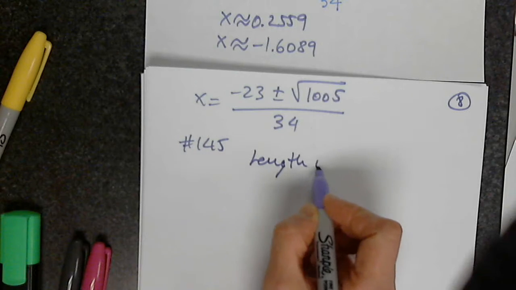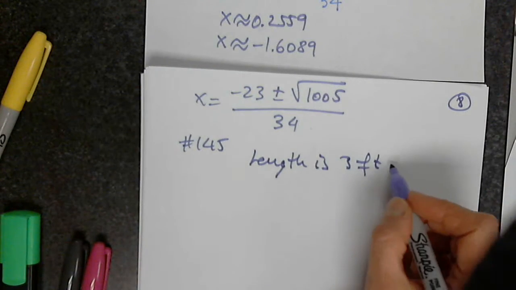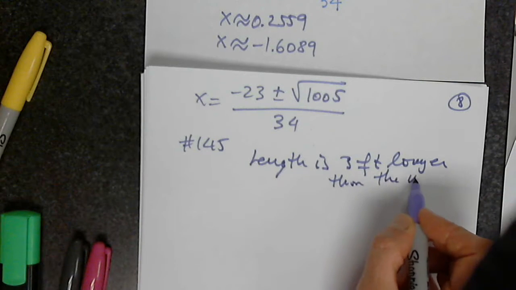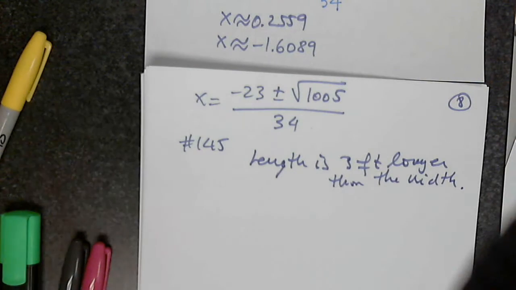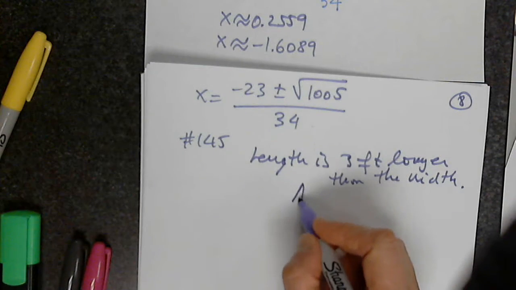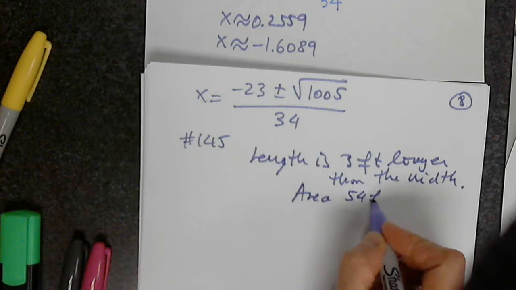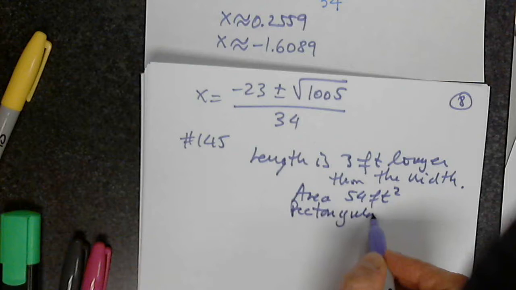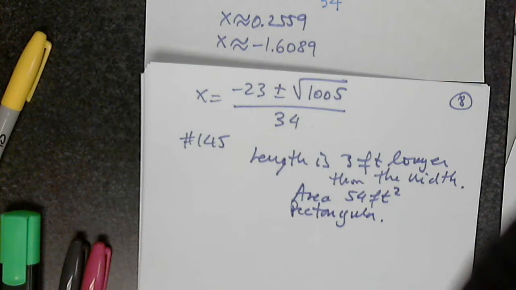Length is 3 feet longer than the width. I take notes when I read. If the sign's area is 54 square feet, area 54 square feet, rectangular shape. Find its length and width.